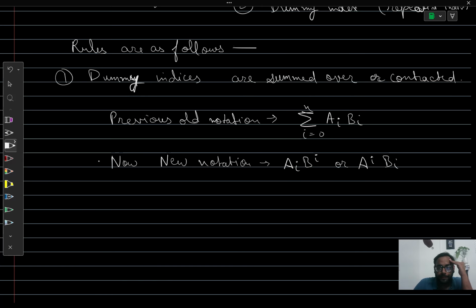So again, these are my components. This with upper indices is my contravariant vector, and this with lower indices is my covariant vector. You remember it.